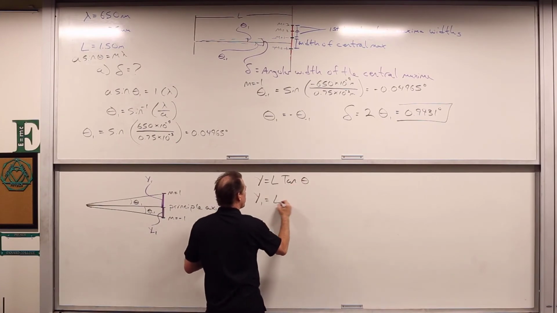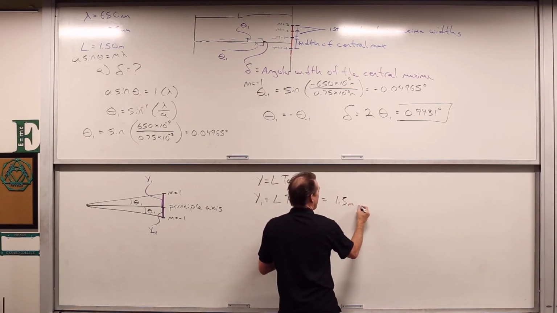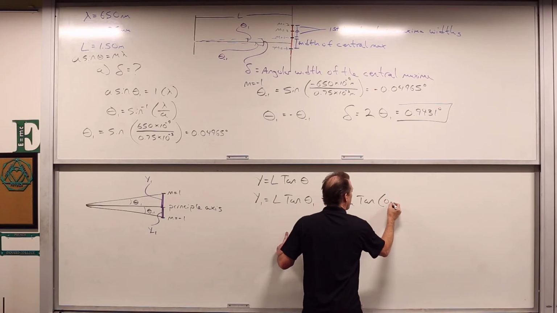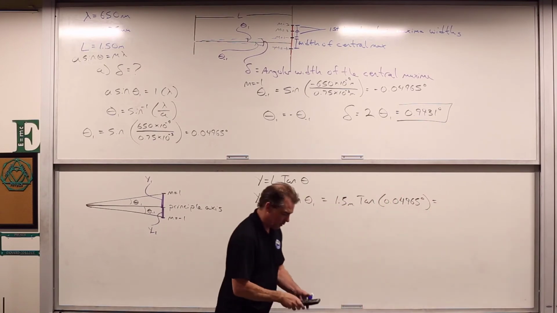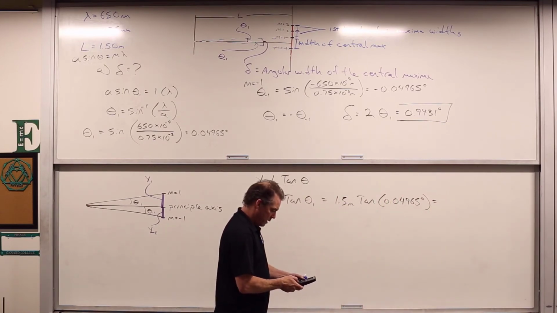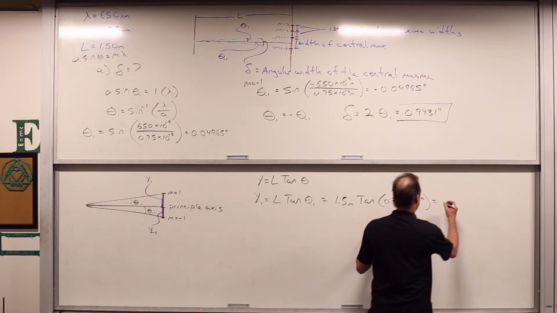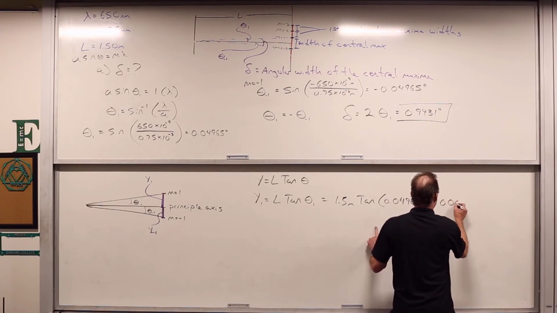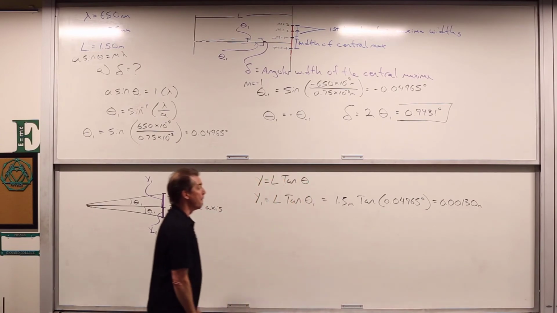Thus, y1 is equal to L times the tangent of theta1, which is then equal to 1.5 meters times the tangent of 0.4965 degrees, which gives us 0.00130 meters, or about 1.3 millimeters.